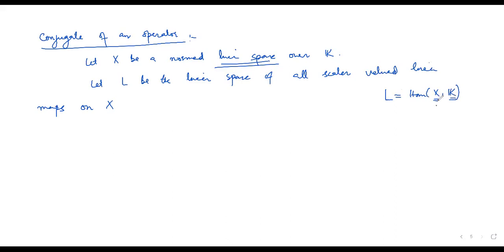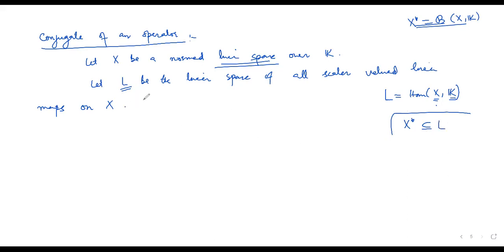So I take all the collection of linear mappings from X to K, usko maine L se denote kiya, right? So you have to remember now what is X star? X star is basically all bounded linear maps from X to K. So X star is basically B(X,K). और ये linear भी है, bounded भी है, तो one thing you can clearly see that X star must be actually a subspace of L.